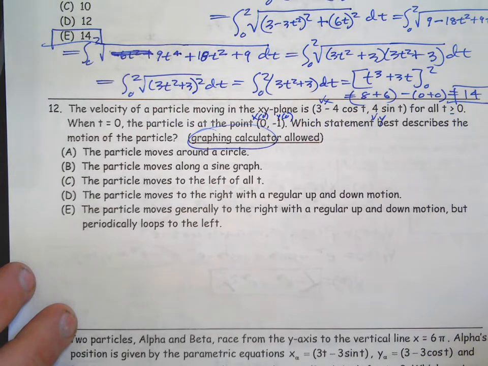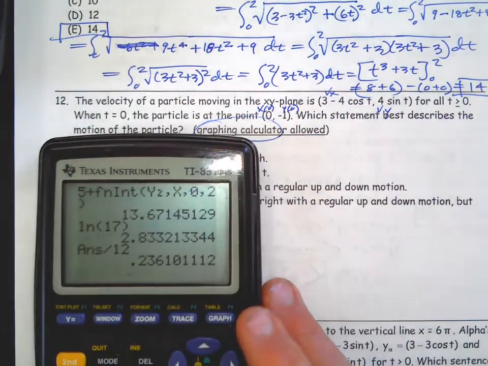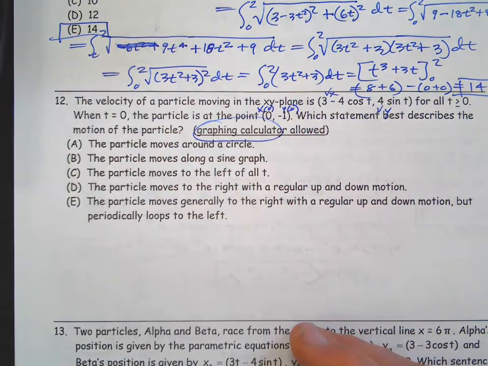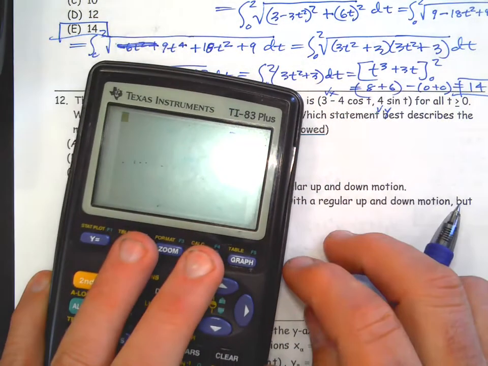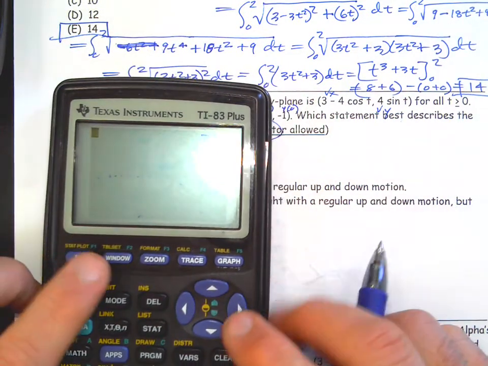Well, we could graph it. And if we're allowed to use a graphing calculator, it says it moves around a circle. So we can put it in parametric mode.